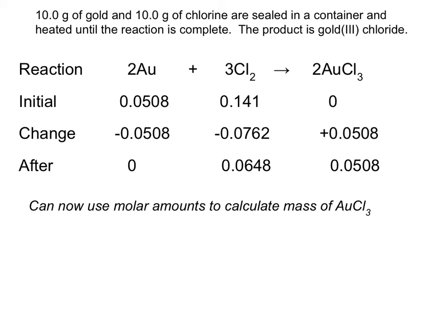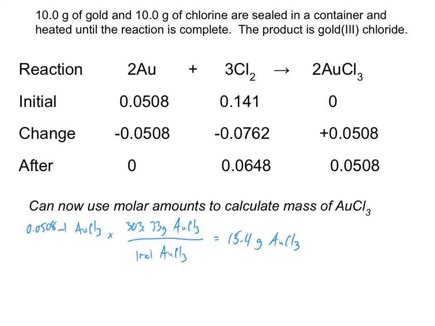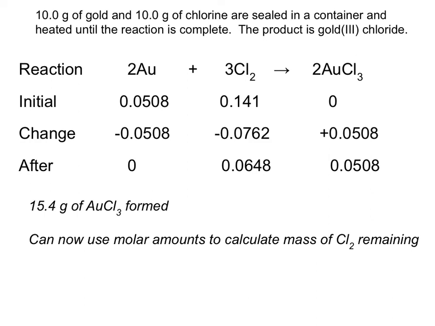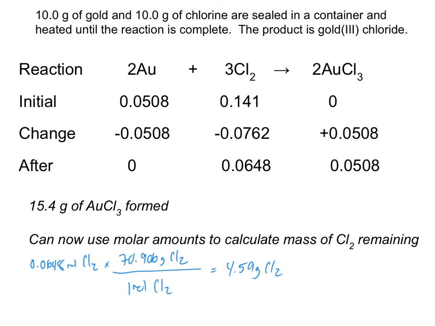Now we can use these molar amounts that we've calculated that we will have after the reaction and our molar mass to calculate the actual number of grams of AuCl3. And we find that we're going to create 15.4 grams of AuCl3. And we can do the same thing with our amount of Cl2 that remains. And we see that 4.59 grams of Cl2 will remain after the reaction is complete.